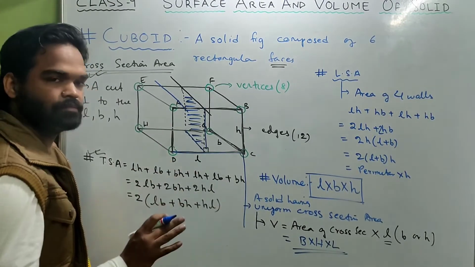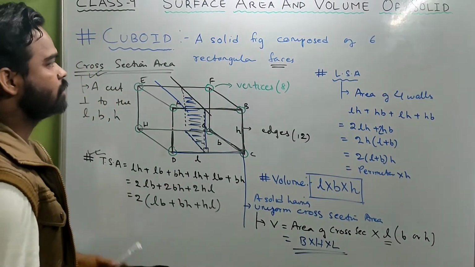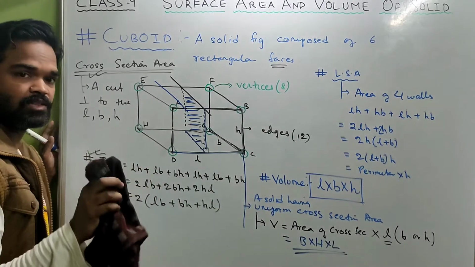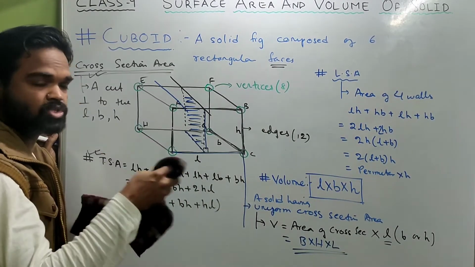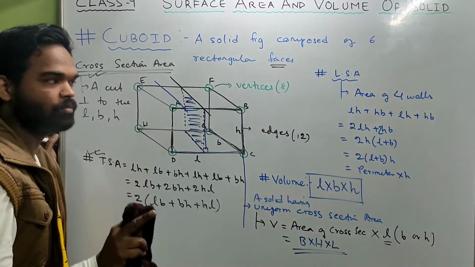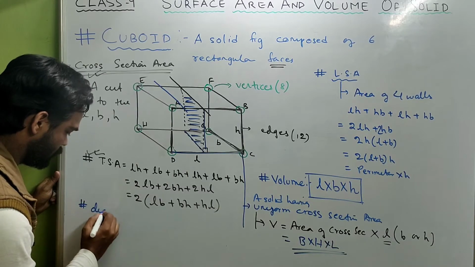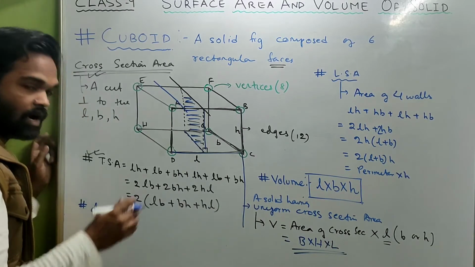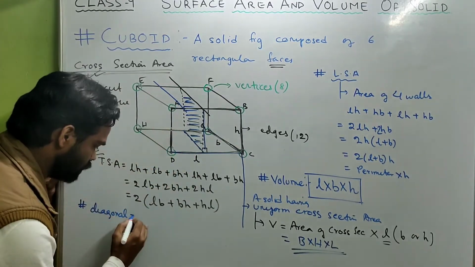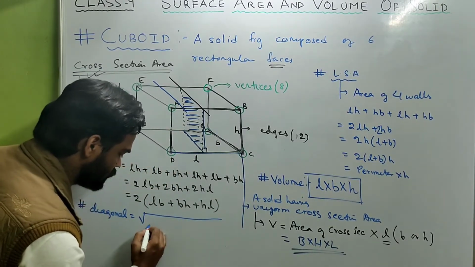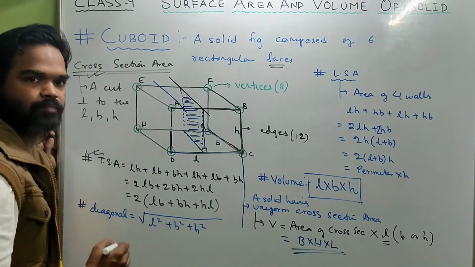That's the volume. Clear? One more thing we need to know, we will discuss the length of the diagonal or the longest rod which can fit in a cuboid. Length of the diagonal, or the greatest rod which can fit in this, will be root over of L square plus B square plus H square.